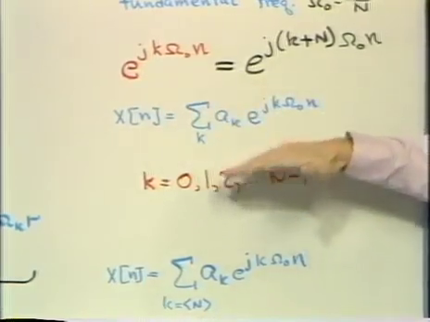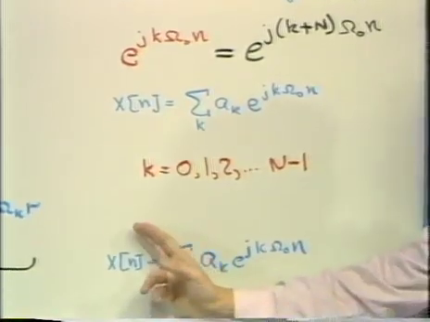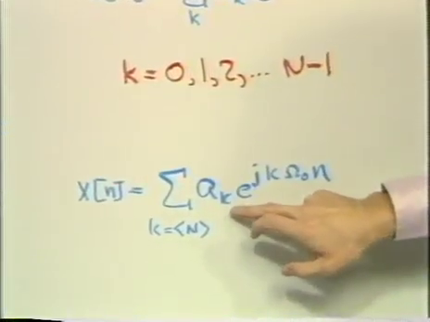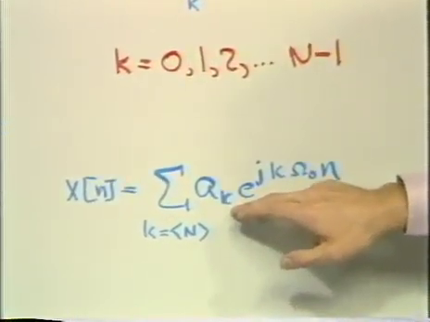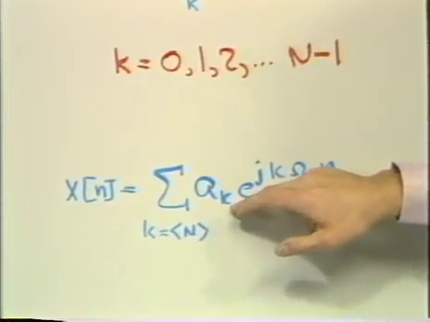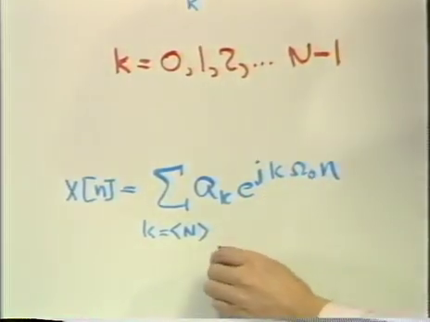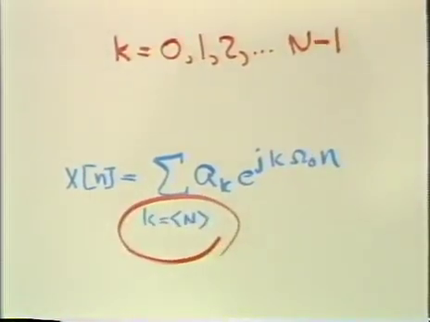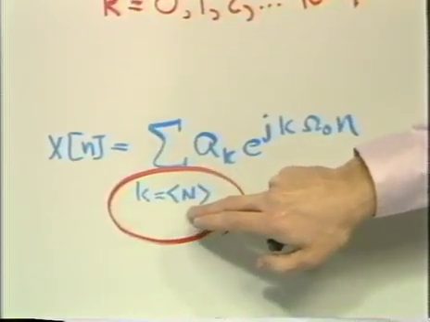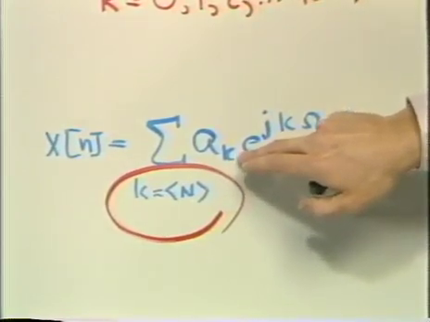So in writing the Fourier series expression, it will be common to write it as I've indicated here, where the implication is that these Fourier coefficients periodically repeat as k continues outside the interval from 0 to N minus 1. This notation says that k ranges over one period of this periodic sequence, which is the Fourier series coefficients.